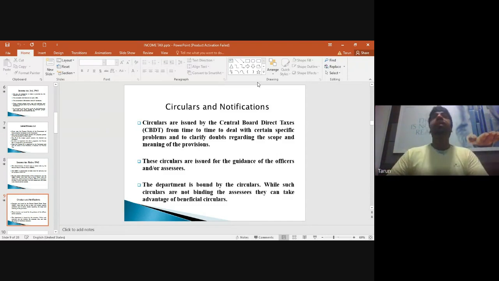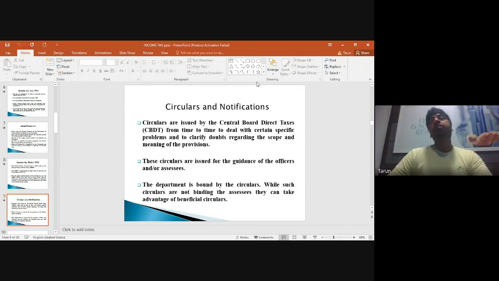If the government has announced that the goods and services tax, GST, is to be 20% on entertainment, and it is written in the circular, then 20% tax will be chargeable. You cannot reduce it according to your wish. Okay, not 20%, we can charge 18% as well? No. 20% means 20%. That means they're bound by the circulars, right?